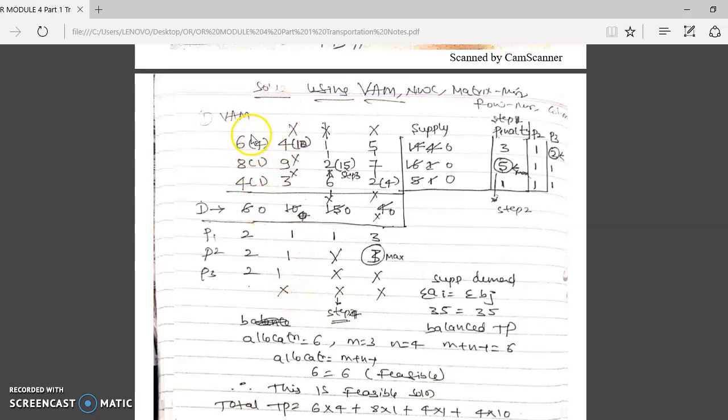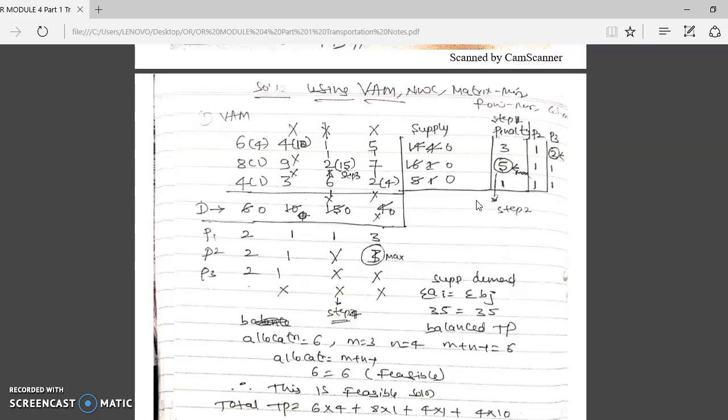Only one column is left. What is the supply left? Here 4 left, here 1 left, here 1 left. And the demand is 6. Okay, 6 equals 4 plus 1 plus 1. Only one column is left, so just give the same values 4, 1, 1. Here all values become 0.